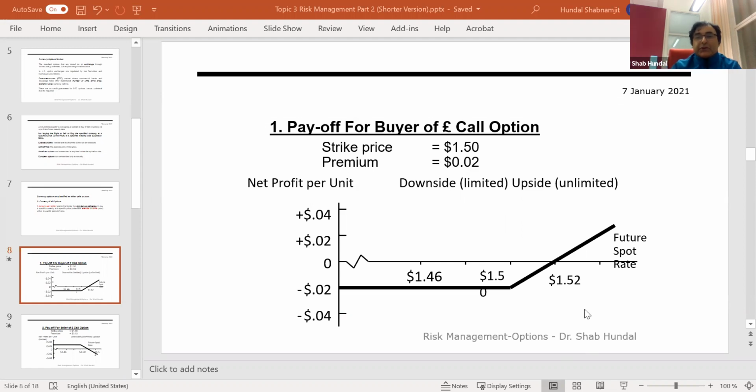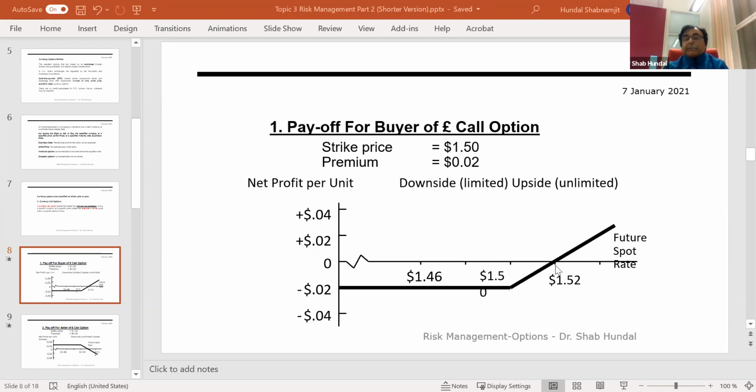So you choose the one which pains you less. So obviously, you lose 1 cent, but if you don't exercise the option, you lose 2 cents. So you go for exercising the option. It means that you exercise the option.